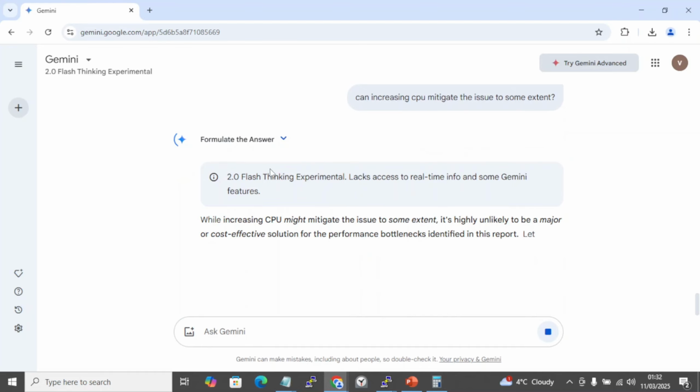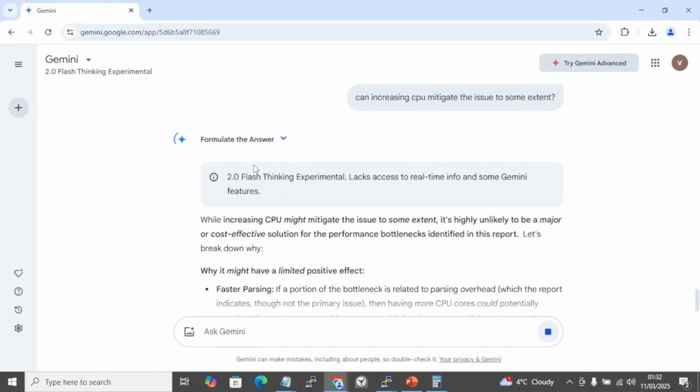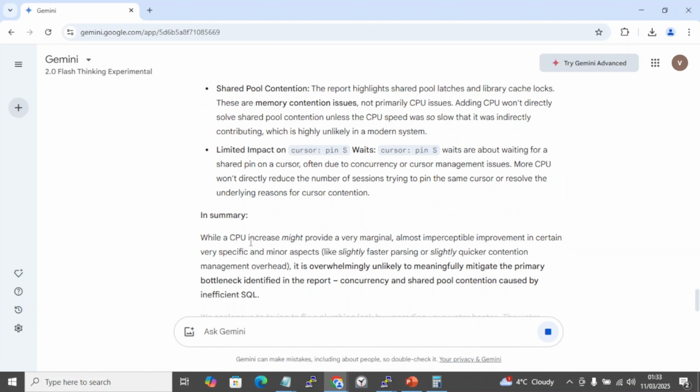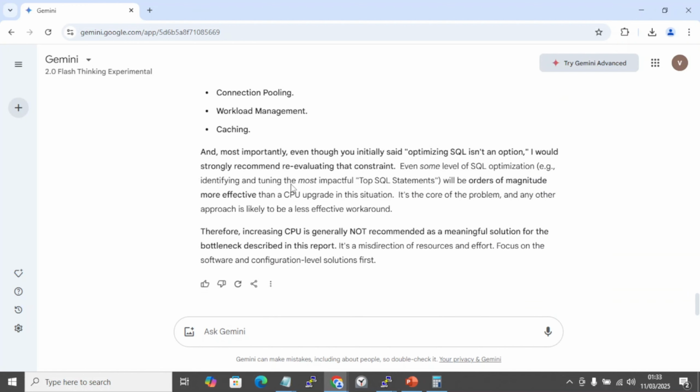It's wonderful. Gemini Flash Thinking Experimental is very good for me. While a CPU increase might provide a very marginal improvement, look at my blog and you will know how much improvement it gave. The issue doesn't go away, but the window reduces. For instance, instead of 41 minutes, it came down to 21 minutes or something like that. That's all it improved.